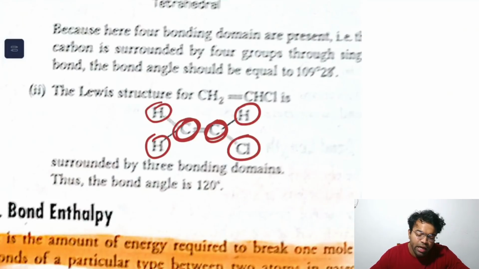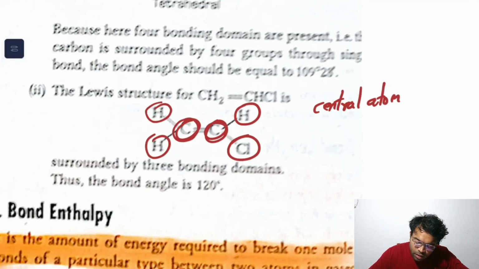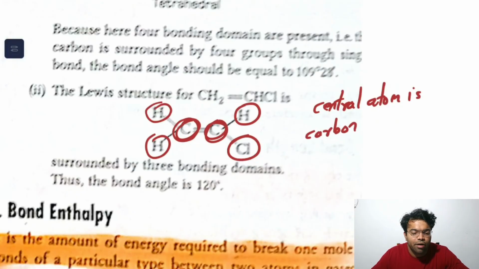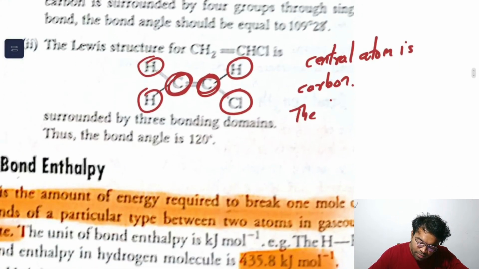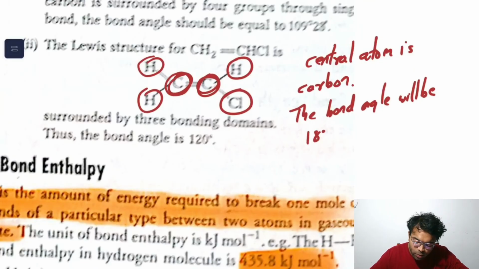So if there are three atoms present around a central atom, and right now the central atom is carbon, surrounded by three atoms, the bond angle will be 120 degrees.